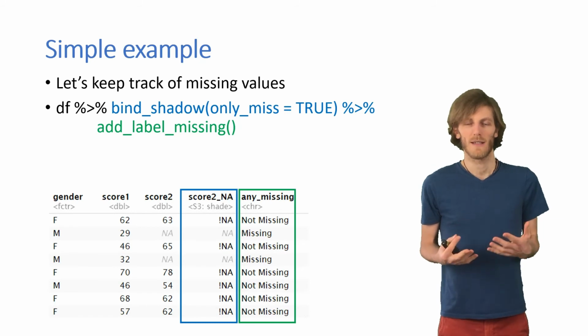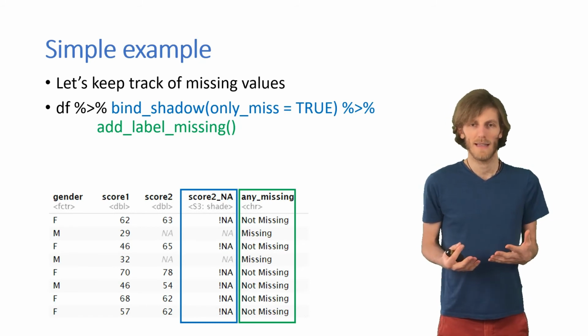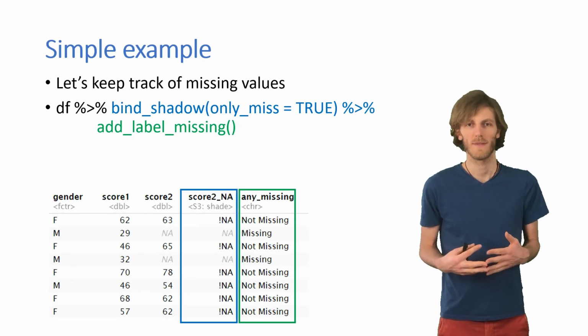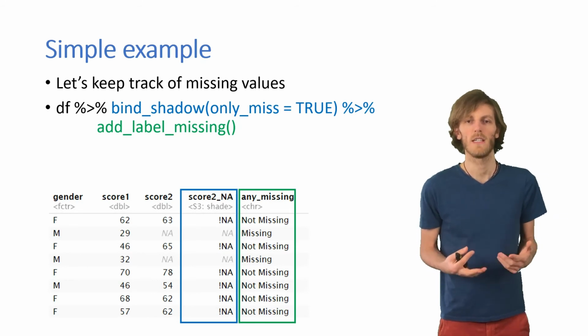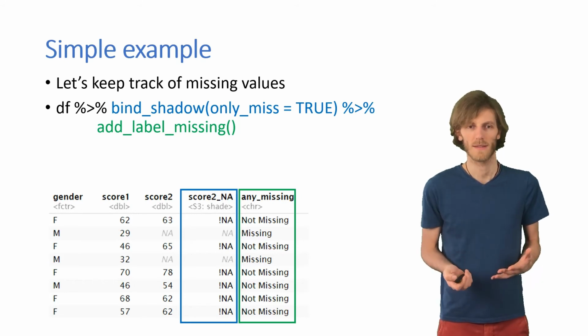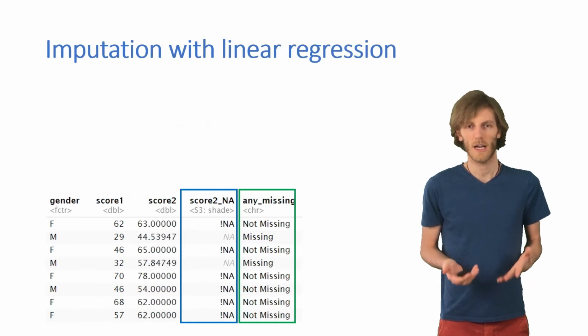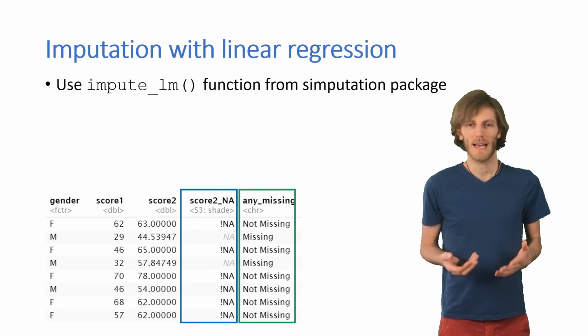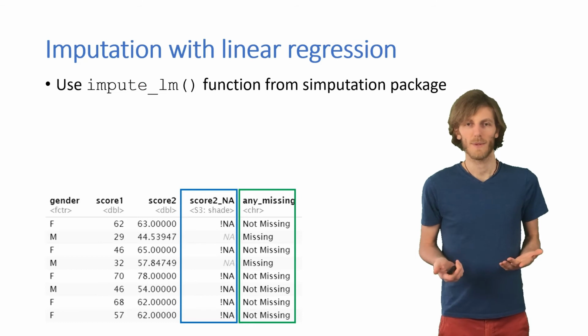Now to the actual aim. What we wanted to do is impute the values for score 2. So we want to fill in the blanks with meaningful values. How do we do that? We use the impute_lm function from the simputation package.